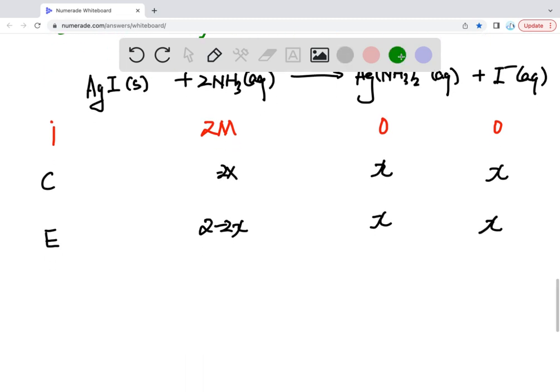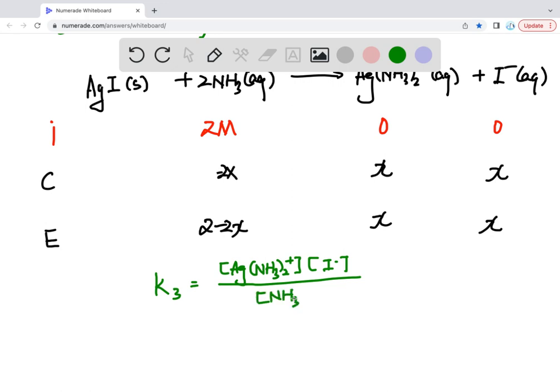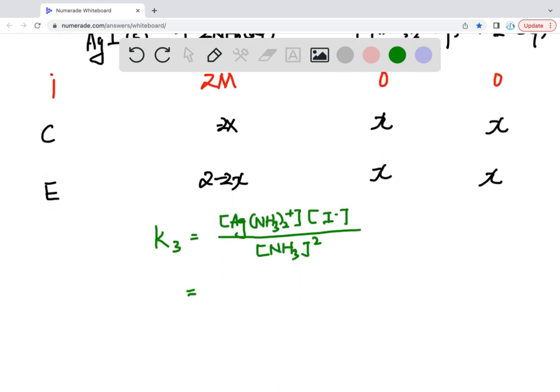So in this case, the K for this reaction, K3, equals the concentration of the silver ammonia complex times the concentration of the iodide over the concentration of the ammonia to the power 2, because the coefficient is 2. So that's x squared over (2 minus 2x) squared.